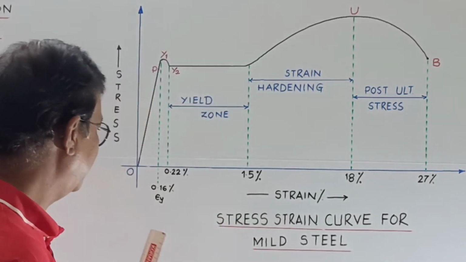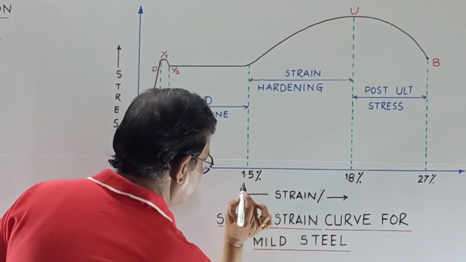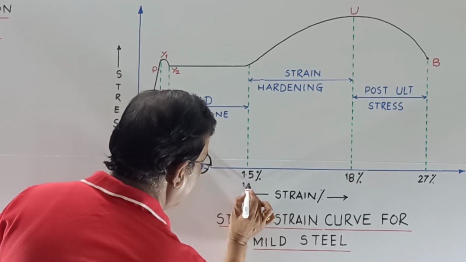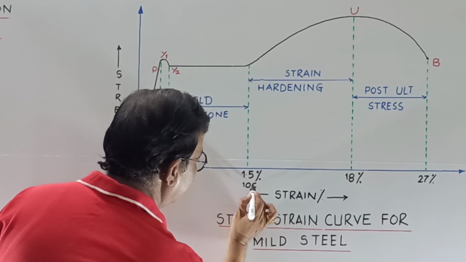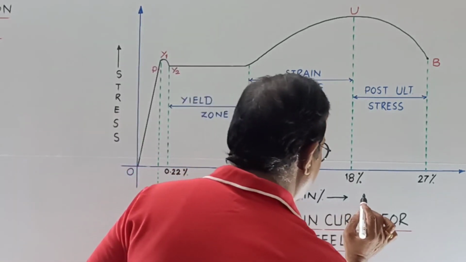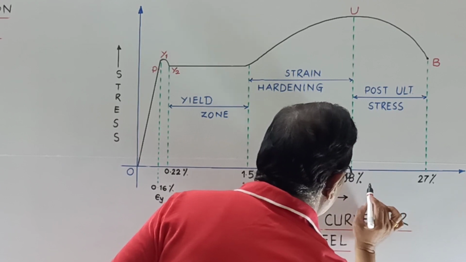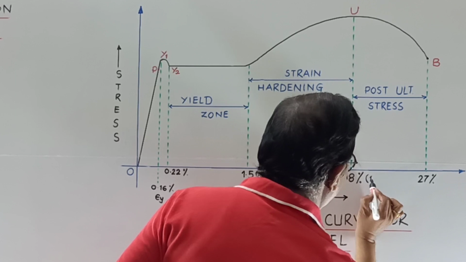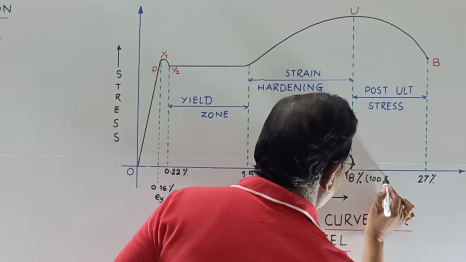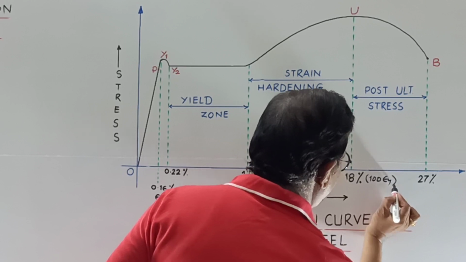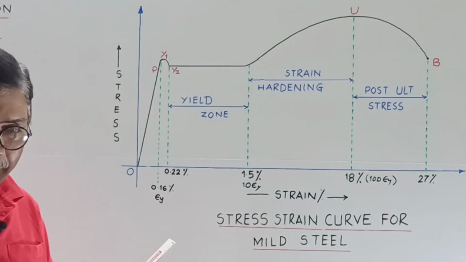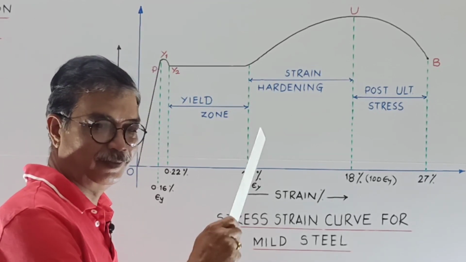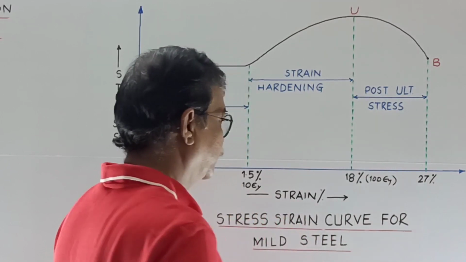Okay, so I can write over here, strain hardening commences at 10 epsilon y and ultimate stress takes place at 100 times epsilon y. Do you understand this? And thereafter, it fails.